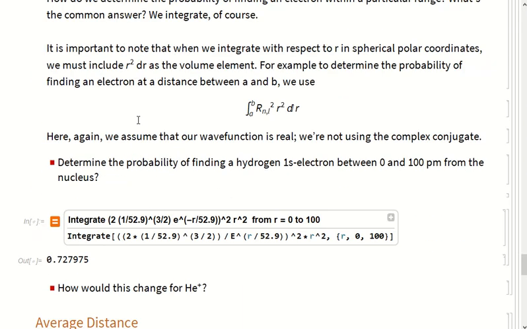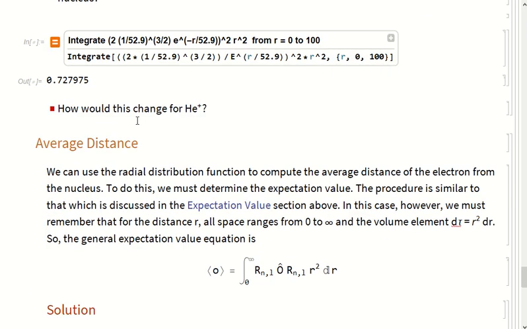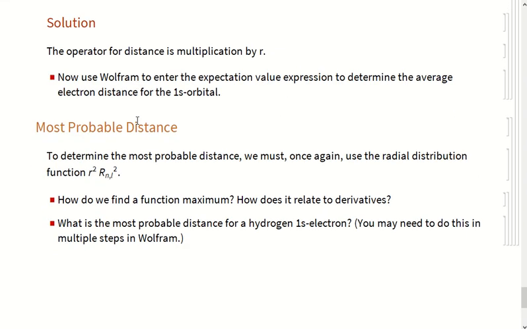So going back down here, how do we get the most probable distance? The first question we have to ask is, with our radial distribution function, as we looked at the plots above, how do you find a function maximum? This is a question I'm going to leave to you. I want to find the maximum of the function. How does that relate to the derivatives of the function?